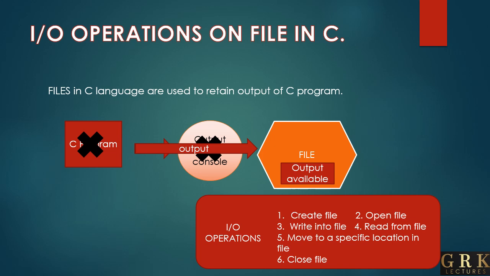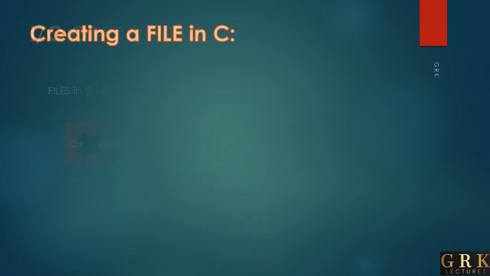Once our operations are completed on the file, the file will be closed. So these are the different IO operations that will be performed on the file. For all these IO operations, we have some predefined functions. We discuss all those IO operations along with their concerned predefined functions one by one.